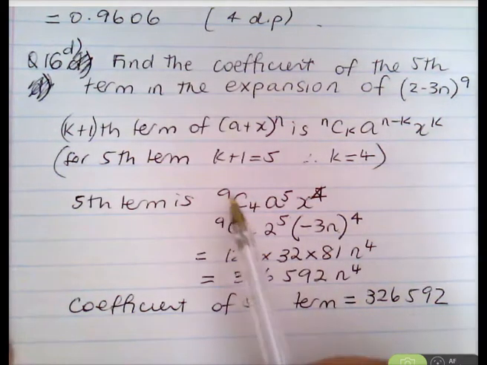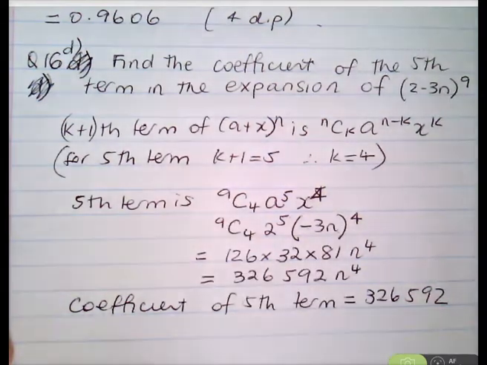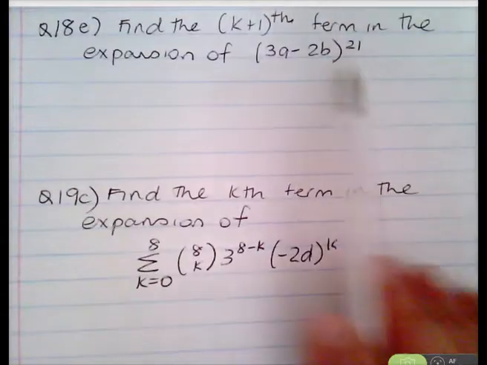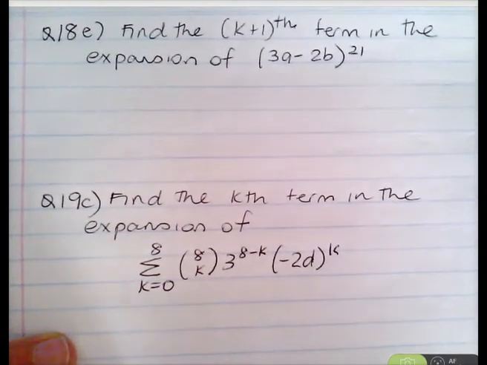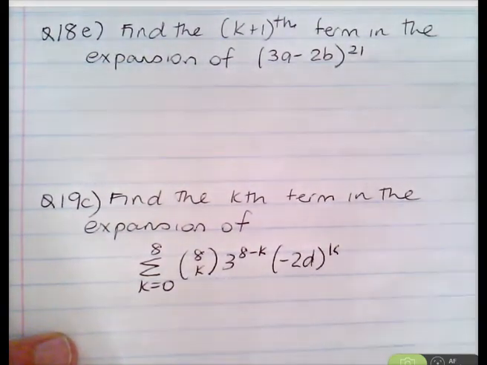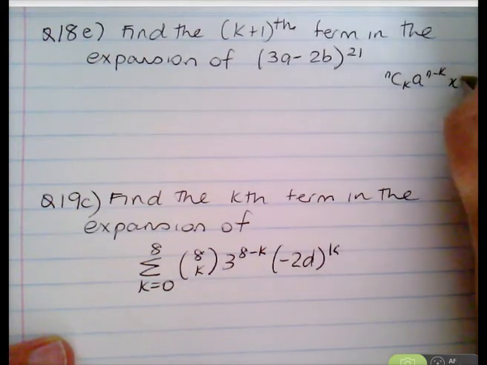And also just notice when it's 9 choose 4, it's your second term, that's x to the power of 4 as well. And notice that the 5 plus the 4 add up to 9 as well. For the (k plus 1)th term in this expansion, remember we've got the general formula: nCk a to the n minus k times x to the power of k.